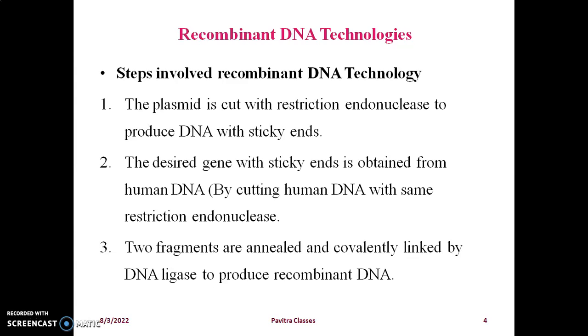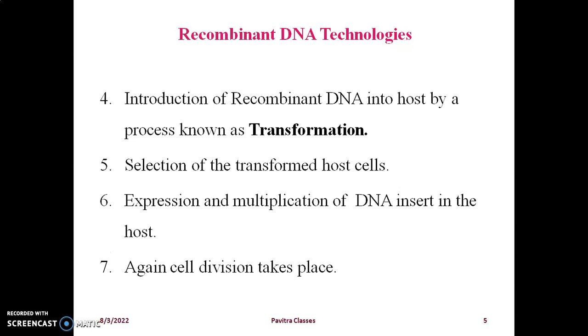The plasmid and the other DNA part that were cut are annealed and covalently linked by DNA ligase to produce the recombinant DNA. Introducing this recombinant DNA into the host is called transformation.